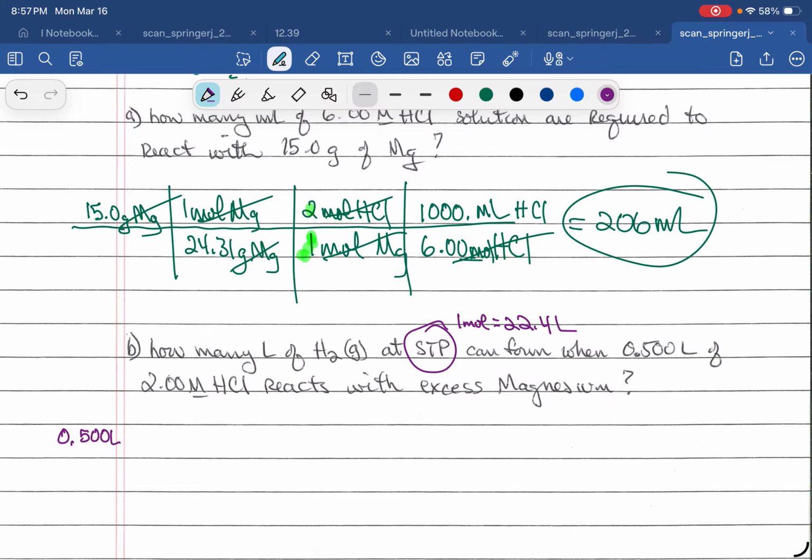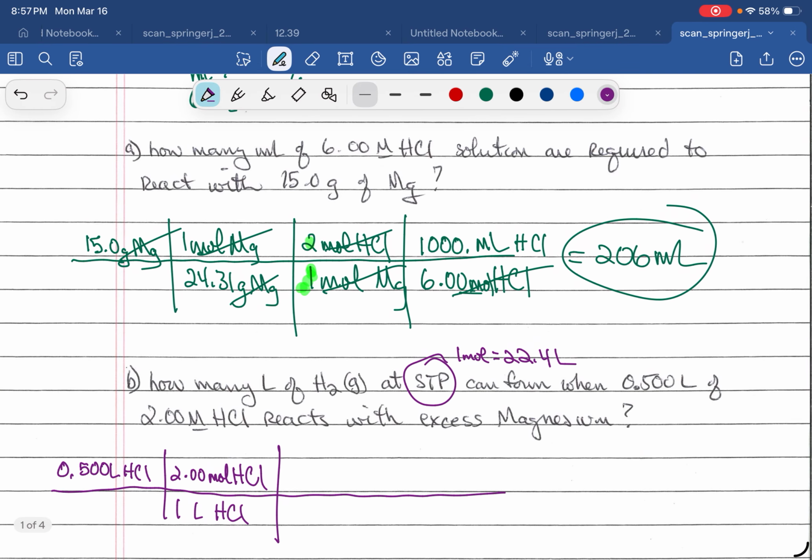0.500 liters HCl. 2.00 moles HCl per 1 liter of HCl.